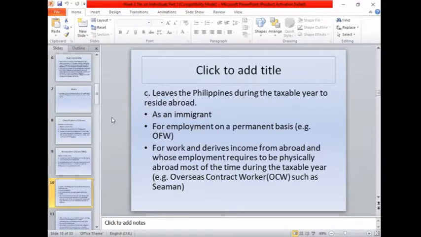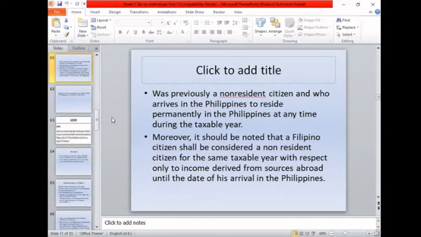And please take note that this is another situation. The question is, sir, what if a Filipino citizen, a resident citizen rather, okay, example of this, what if, sir, during the taxable year from January to December of 2021, let's say, sir, I stay here in the Philippines from January to June of 2021.